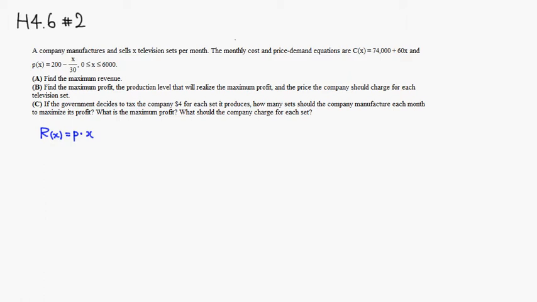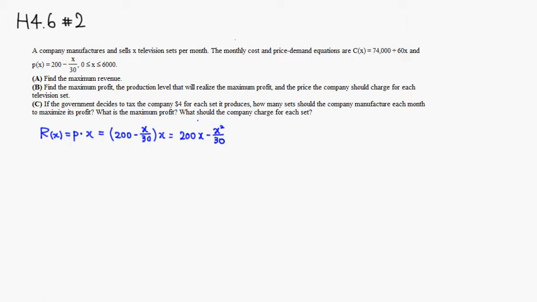So P is just 200 minus x over 30, and you're multiplying by x, so this is just going to be 200x minus x squared over 30.